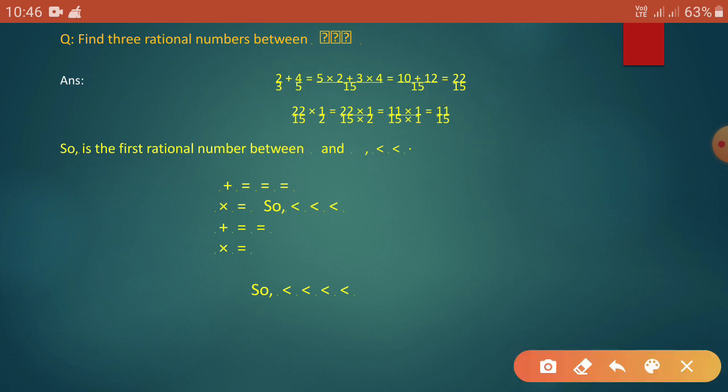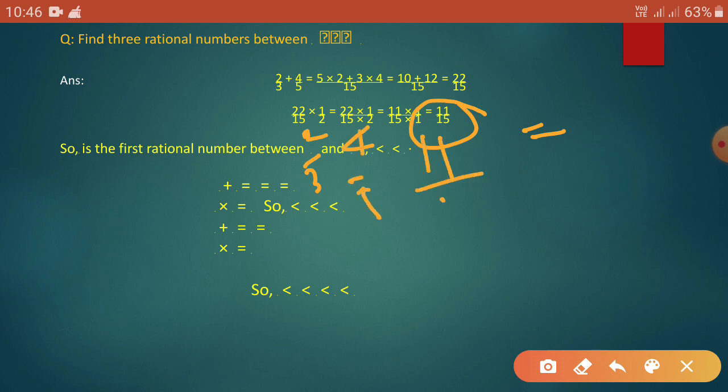Got it? So the first number between 2 by 3 and 4 by 5 is 11 by 15.